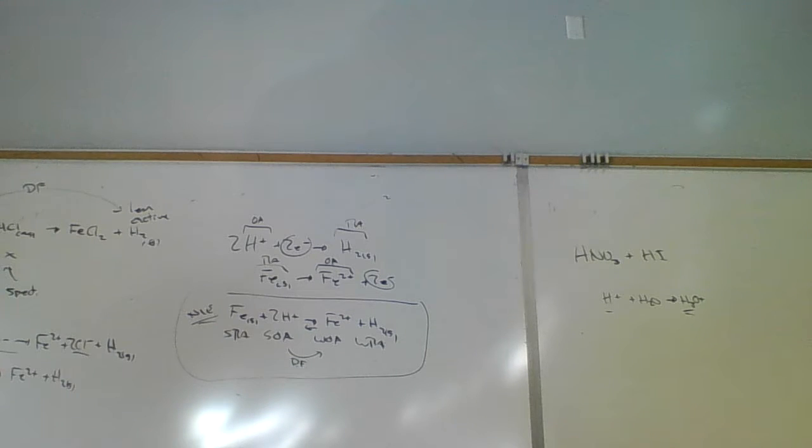Does that answer the question about how to figure out the reactions? So when we inventory, do we need to include H2O? Yeah, we always have to include H2O, for acid reactions or things that have aqueous solutions in them.